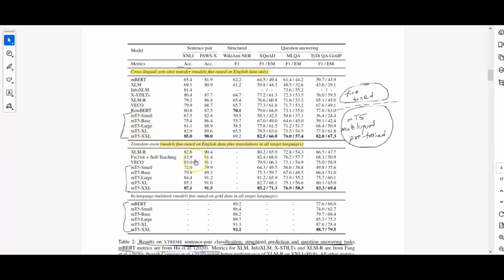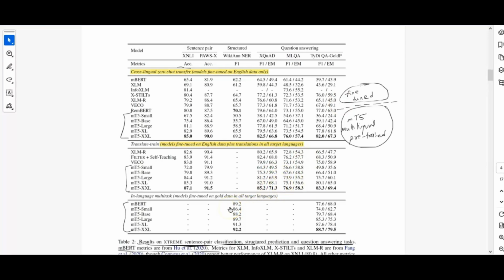Then the second category that they have is translate-train. Here again we start with the pre-trained multilingual mT5 model, and then it is fine-tuned with the English dataset plus the translation of that English dataset into other languages, 101 languages. And these are the results that are obtained.